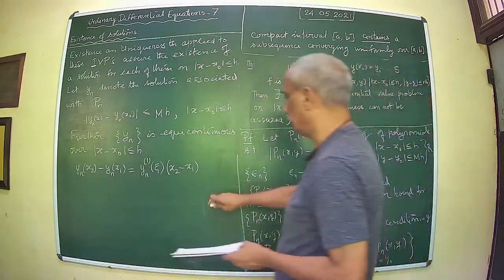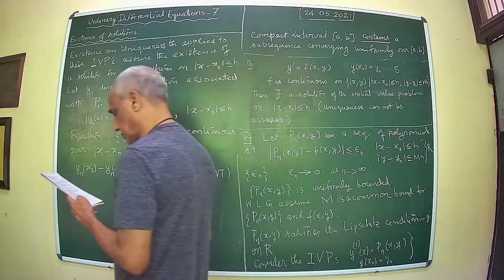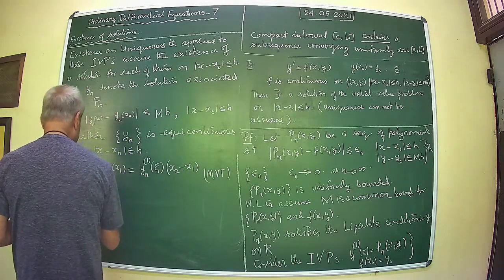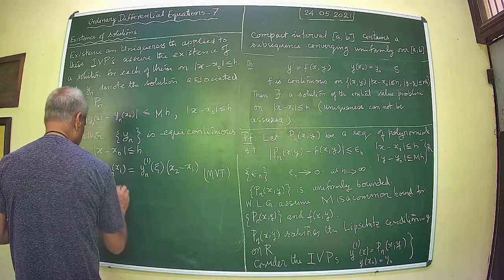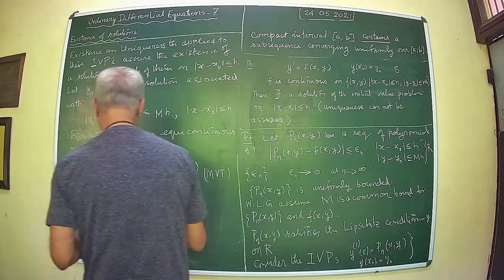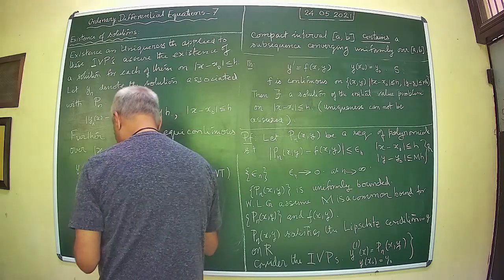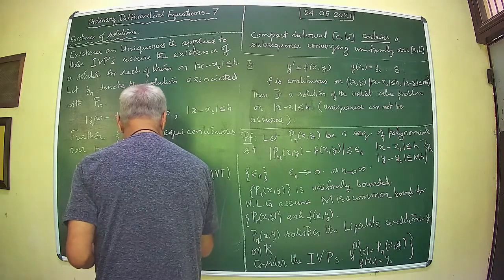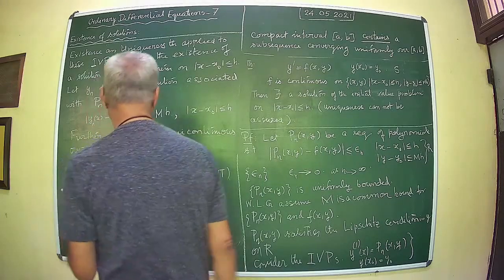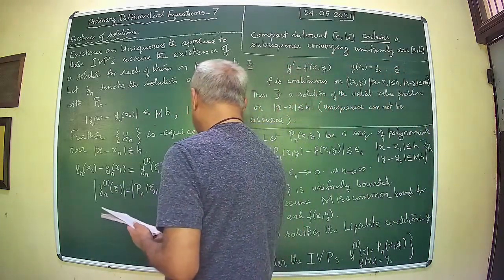So using the mean value theorem, you see that this is bounded by this, and this is bounded by this.